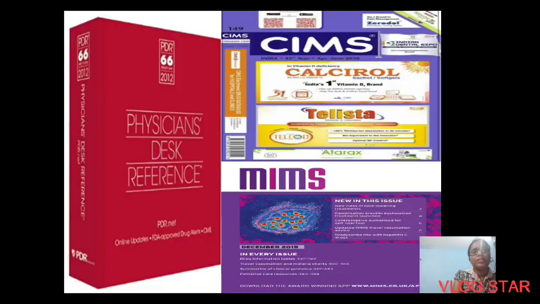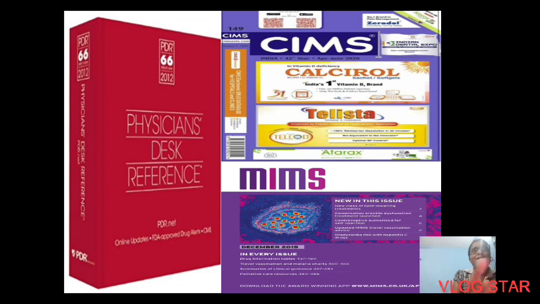And similar to formularies, you have physician desk reference, SIMS and MIMS. SIMS is the current index of medical specialties, and MIMS is monthly index of medical specialties. MIMS will be published every month, and SIMS will be published every 3 months.